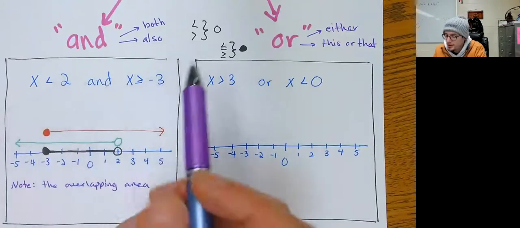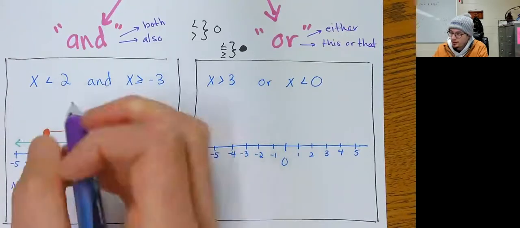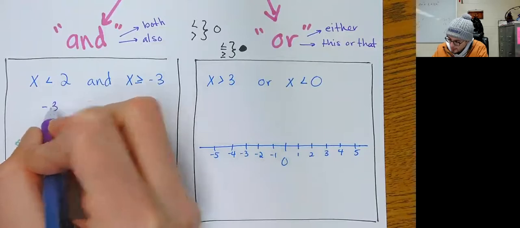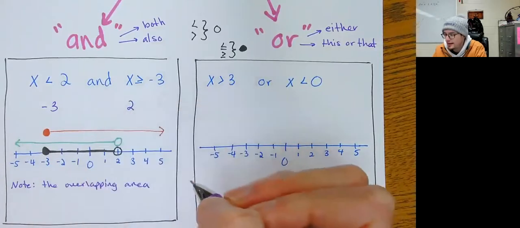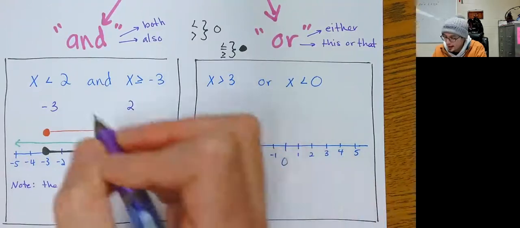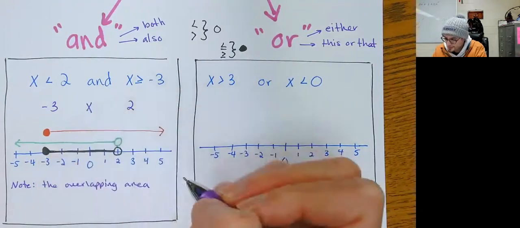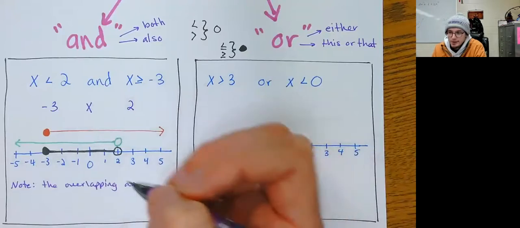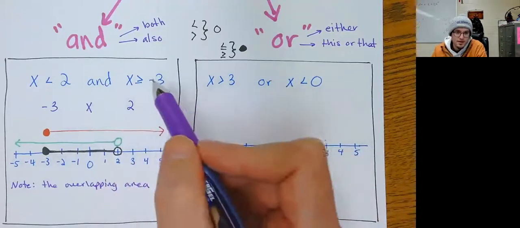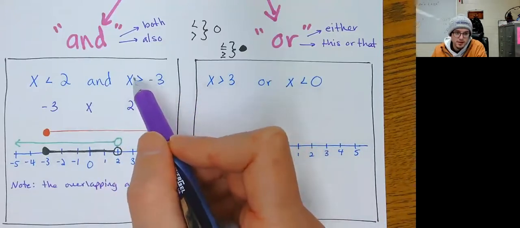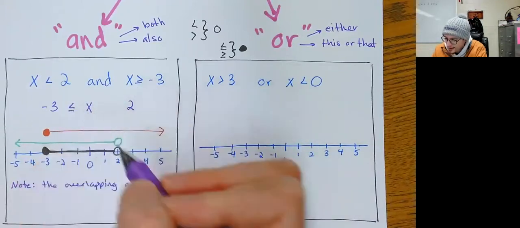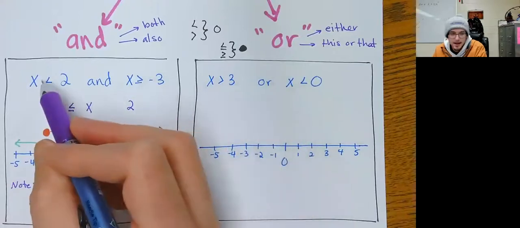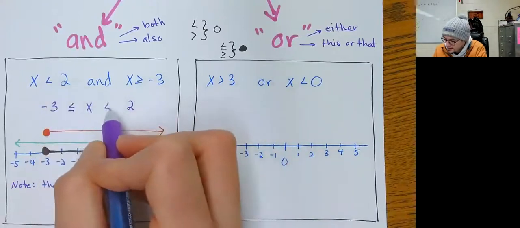You take the more negative number and put it on the left side, take the more positive number and put it on the right side, and put x, or whatever your variable is, in the middle. Then we take the symbols. This one is x is greater than or equal to -3. This one says x is less than 2.